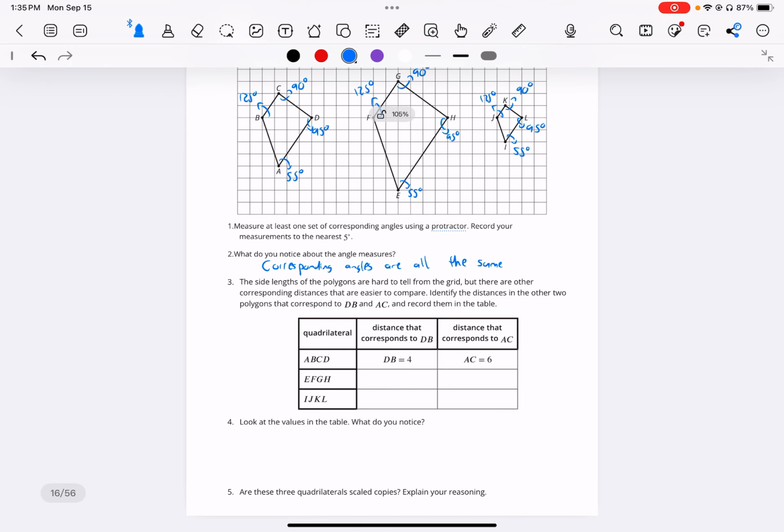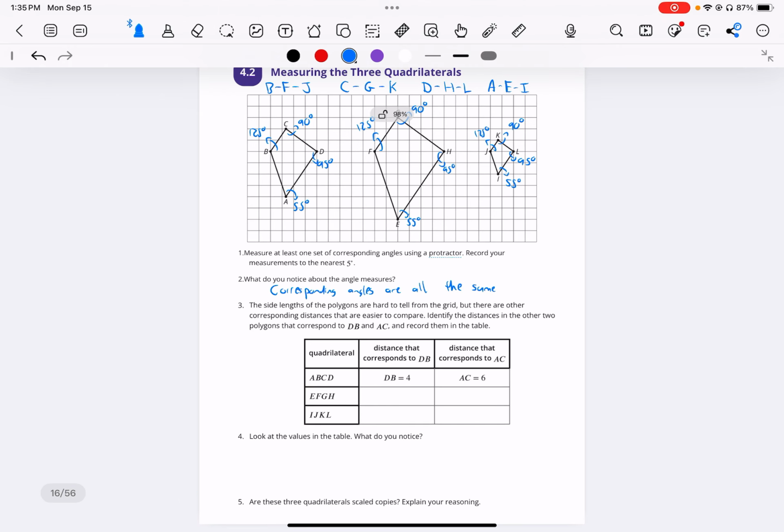Now, we're going to look at the sides. The problem with trying to find the sides to determine if they're scale copies is that the sides are slanted. Sometimes you can just make up your own sides. So we have this side here inside, which measures the width of the diagram. That's BD, and that dimension is 4.